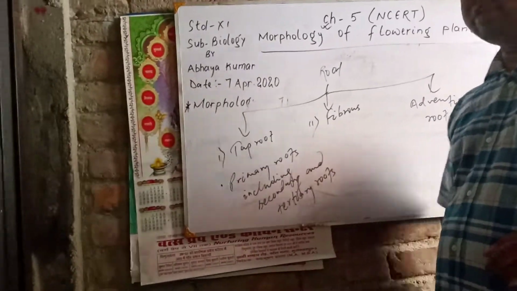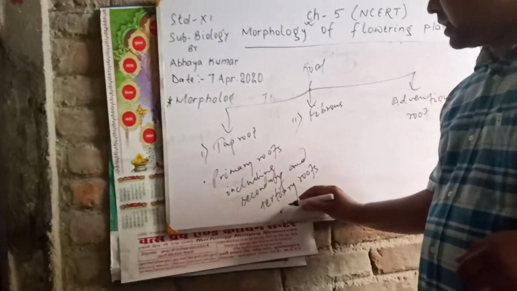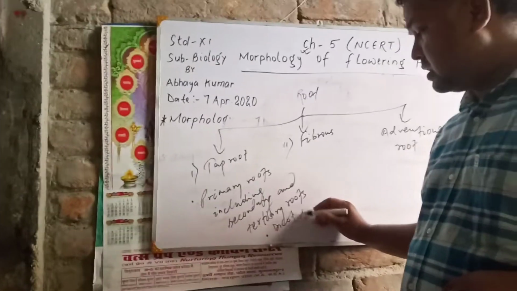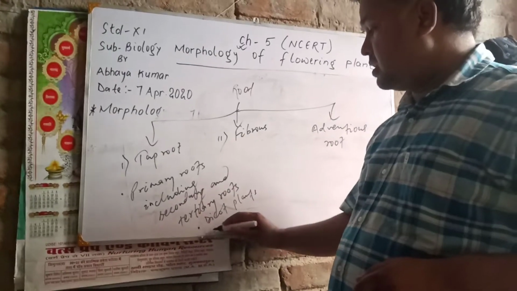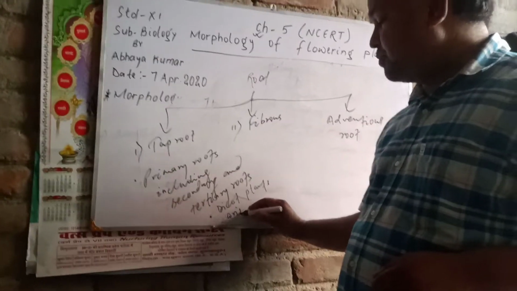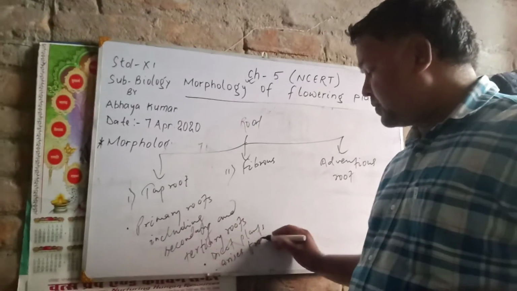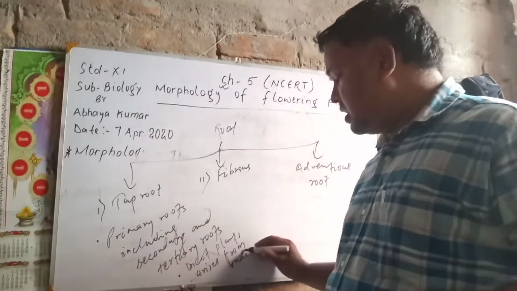Such type of root is present or located in the dicot plant, and it arises from the radicle.